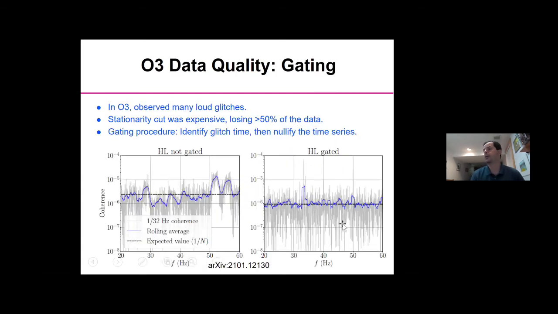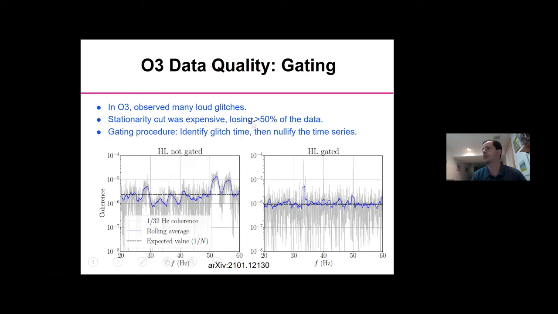So in O3, we had a particular challenge which had to do with glitches. It turned out that in O3, there was a very high frequency of these loud glitches. They were sharp, broadband, and very numerous. So we could identify them with our stationarity cut, comparing the power in each segment and so on.